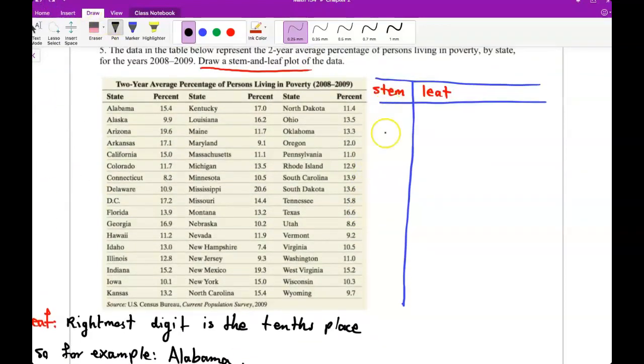So I'm going to write all these numbers in order. We have 7, 8, 9, 10, 11, 12, 13, 14, 15, 16, 17, 18, 19, 20. So we have all these numbers here in this table.